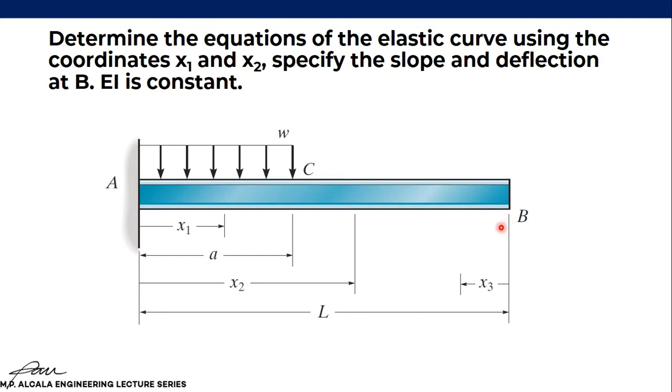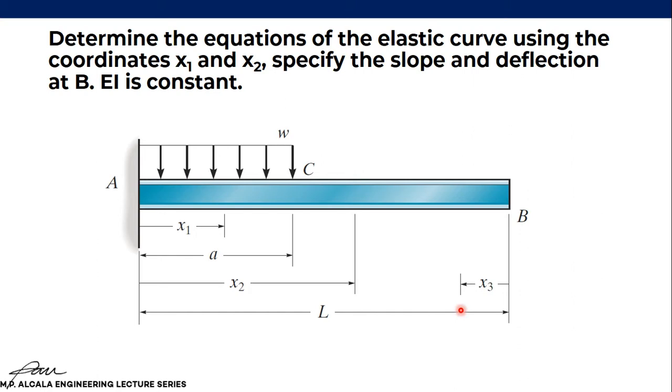Okay, so here is our diagram and our illustration. We have a distributed load, a variable, in this case W, ranging from A to C with a value of A, and the whole length of the beam is L.